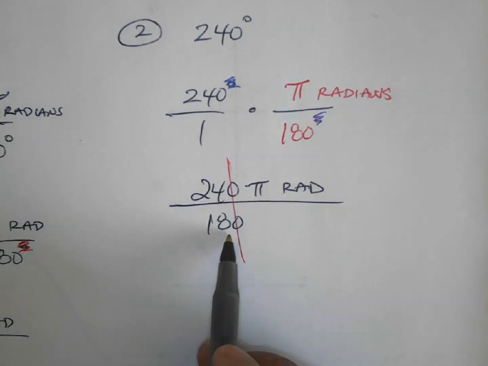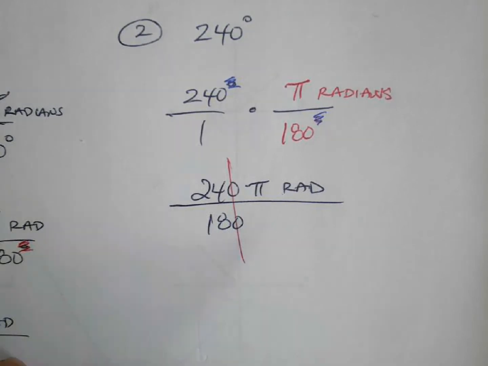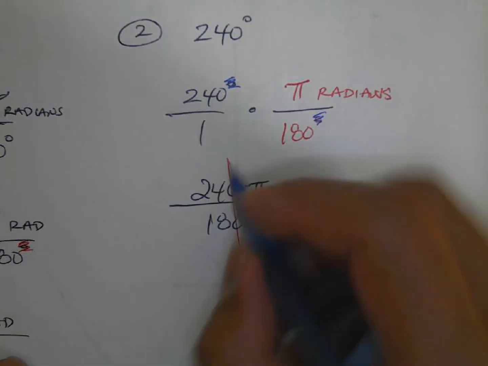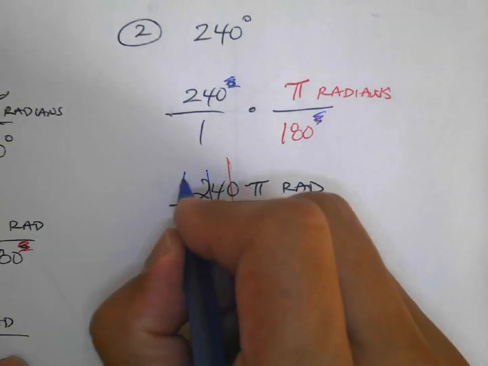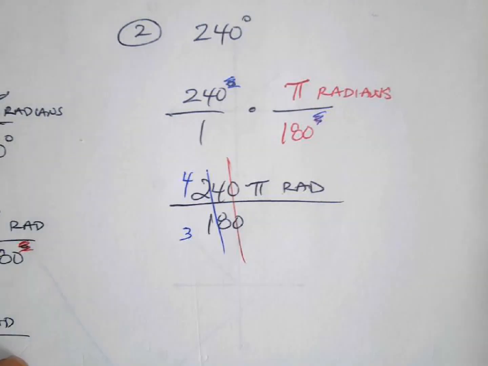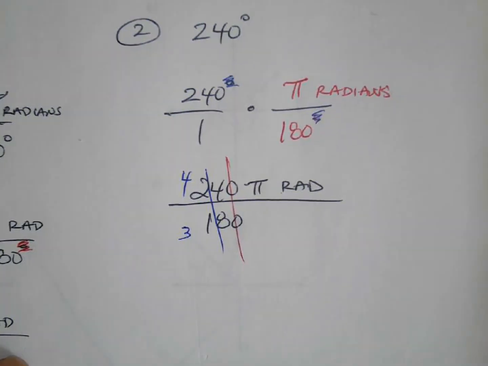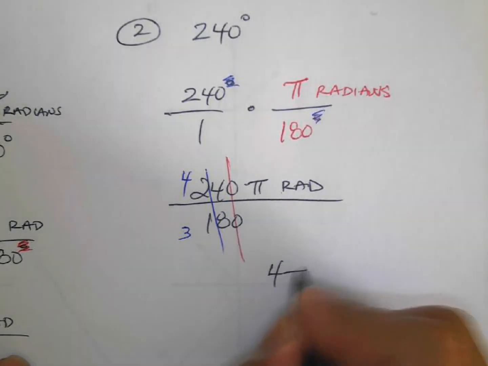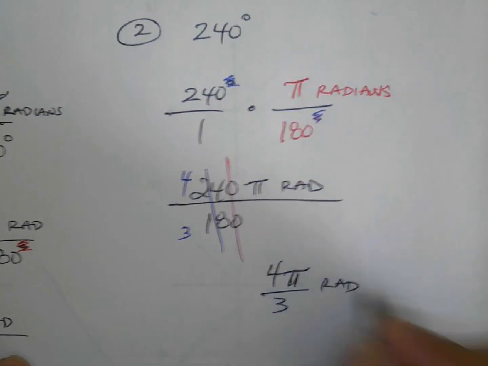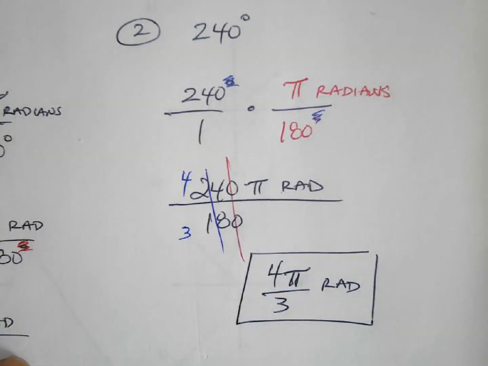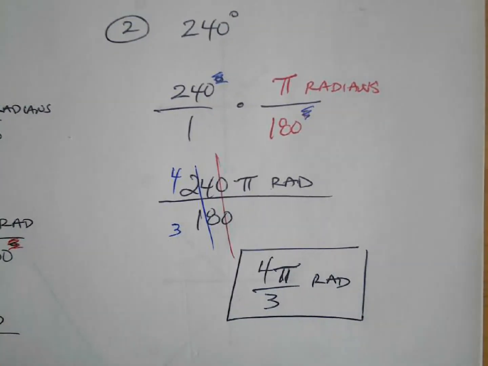I'm left with 24 over 18. That I can divide by 6. 6 goes into 24, and 6 goes into 18, so that'll be 6 times 4 and 6 times 3. Your final answer, 240 degrees, is the same thing as 4 pi over 3 radians. But short for radians is RAD.